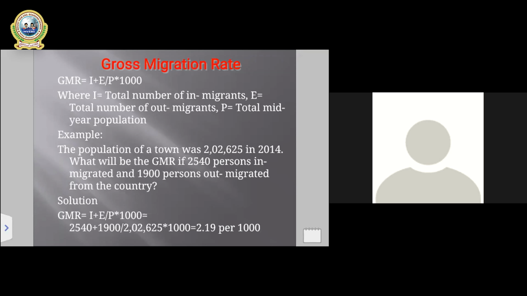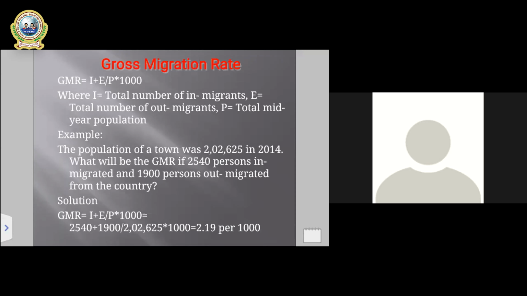Now for the solution, GMR equals capital I plus capital E divided by capital P multiplied by 1,000. Now, I is the incoming population. In the example, you can see the total incoming population is 2,540, right? Plus, in NMR we did minus, but in gross migration rate we have to add. So plus E, outgoing.